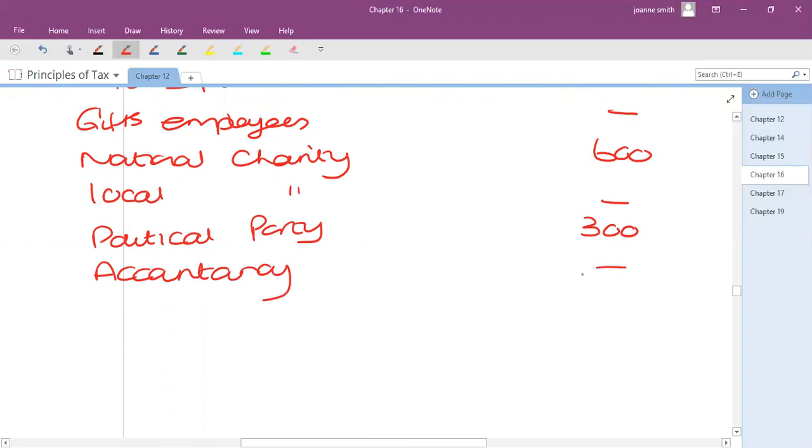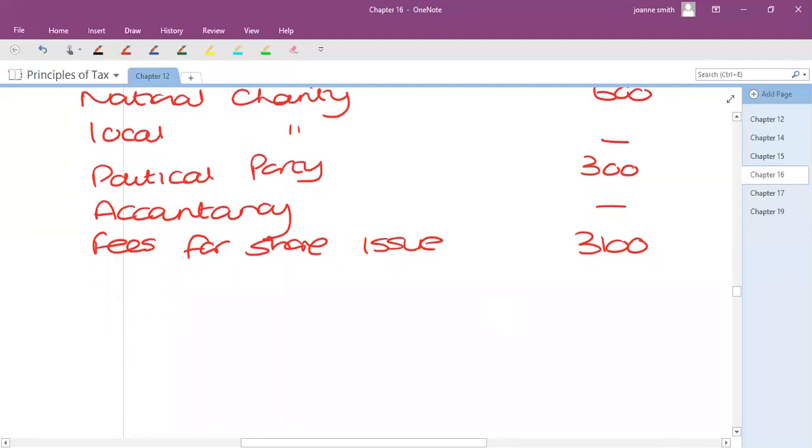So accountancy is fine. Fees for share issue. So any fees to do with issuing shares or raising loans or debentures, anything like that the company might have to raise finance, we must disallow.